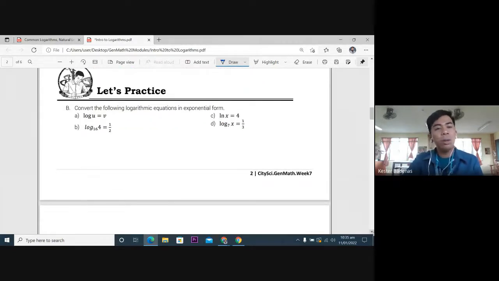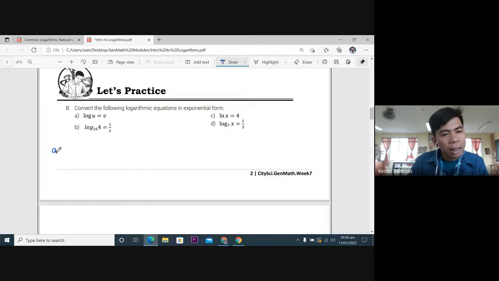Okay? So, di ko na pasagutan sa inyo yung let's practice, pero sagutan natin ngayon. Okay? So, convert the following logarithmic equation in exponential form. So, we have logarithm of v. Umaambon ba? Umaambon. Okay, so logarithm of u equals v.